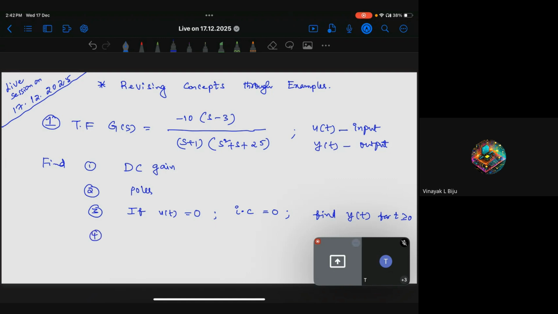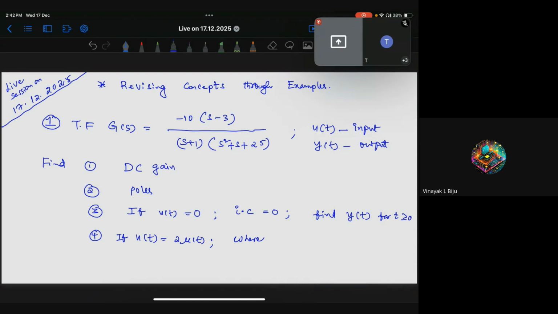Fourth: if u of t is 2 mu of t, where mu of t is the step function, then we have to find y of infinity, the steady state value of the output.